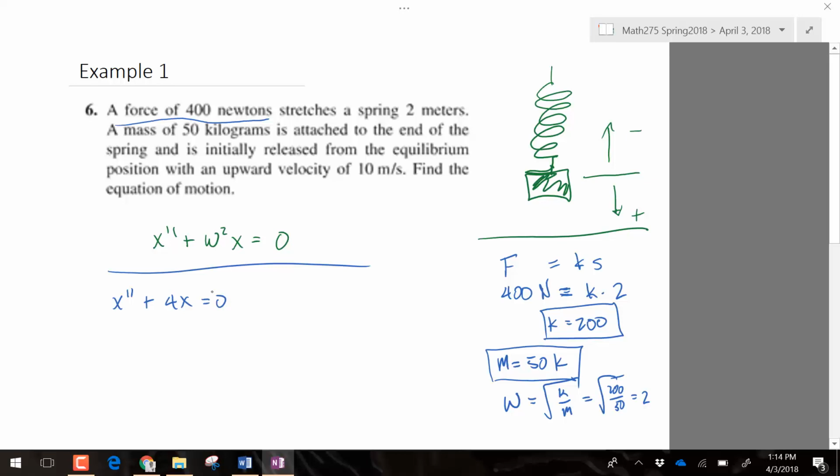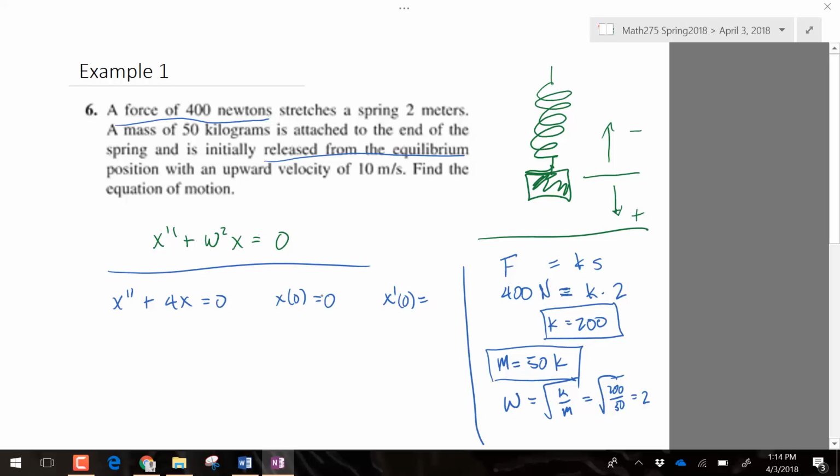We know the solution to that already, but to help us find the arbitrary constants, we need to figure out what happens with our initial conditions. So the initial position, where this is released from, starts where? It's released from the equilibrium, so I think the initial position will be 0.